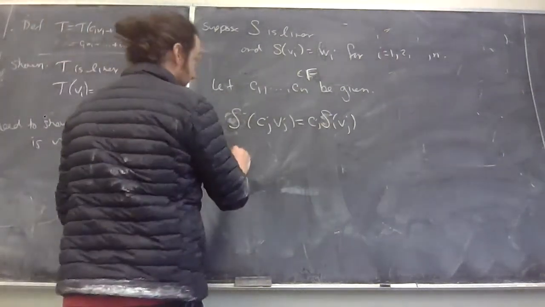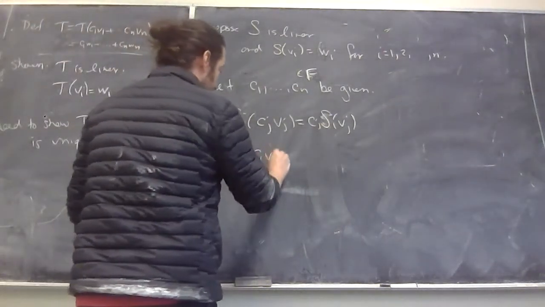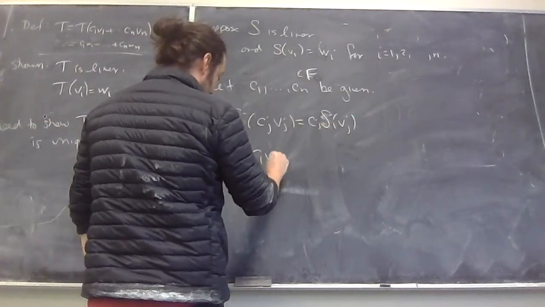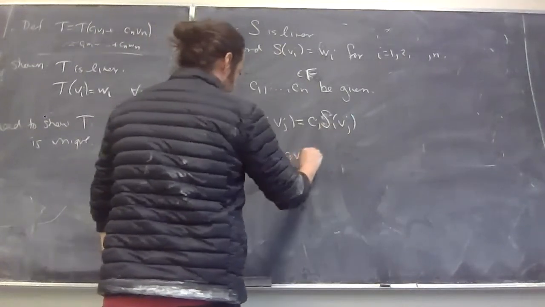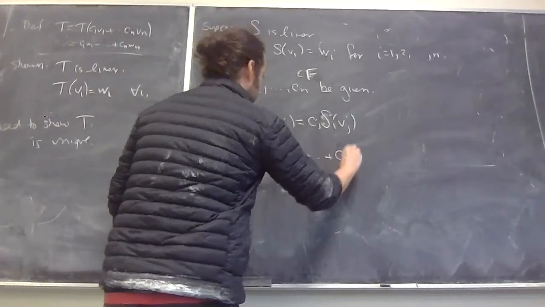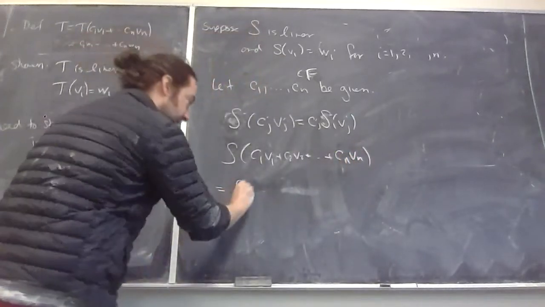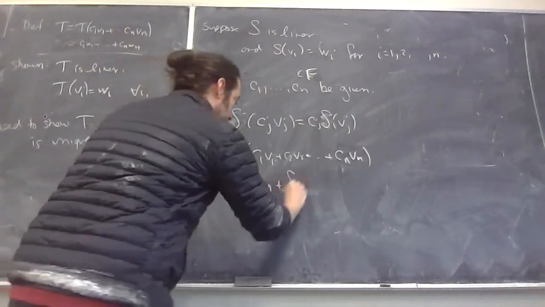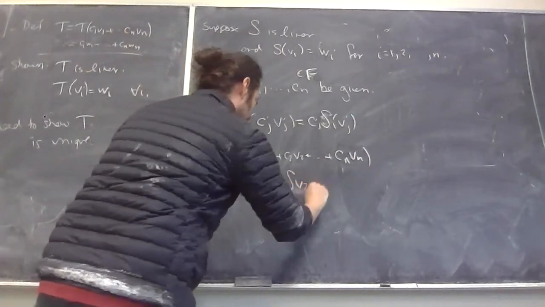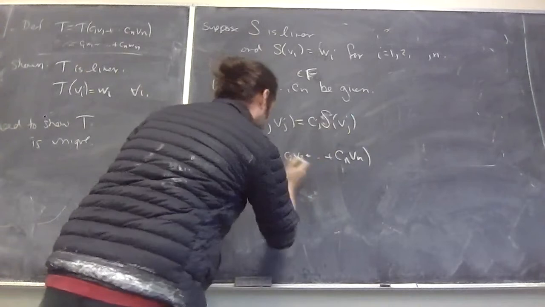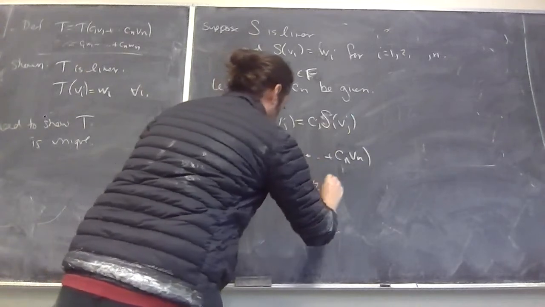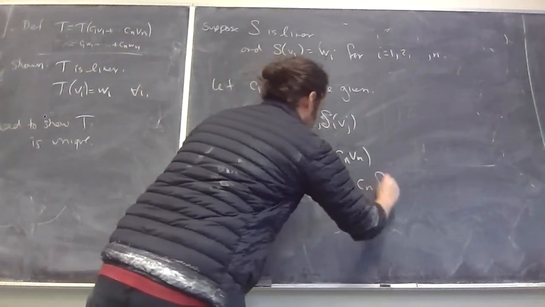Also, that means that S of C1 V1 plus C2 V2 up to Cn Vn must be equal to C1 S of V1 plus C2 S of V2 up to Cn S of Vn.